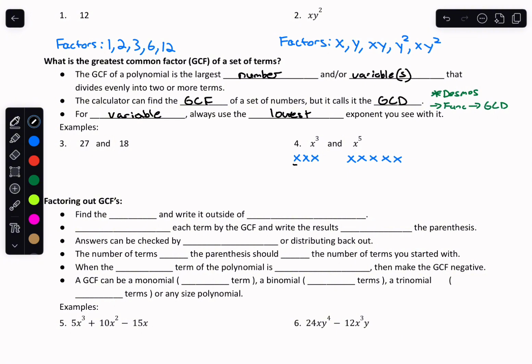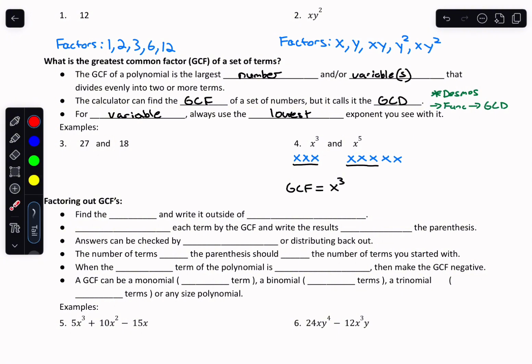So there's 3 x's in the first, x cubed, and there's 5 x's in the second, x to the 5th, but 3 x's is the biggest number of x's that appears in both of them. So we would say that x cubed is the GCF of x cubed and x to the 5th because 3 x's is the highest number of x's I can pull out of each of these.